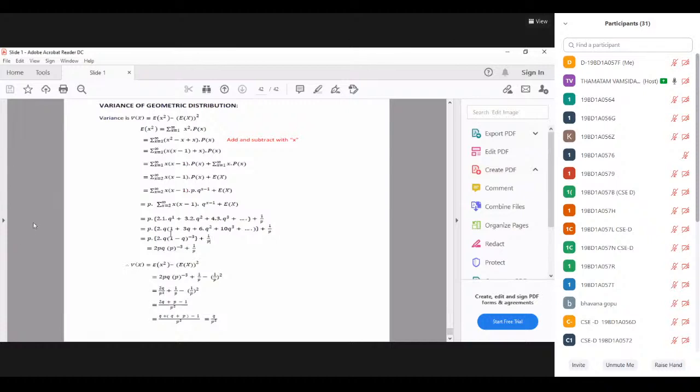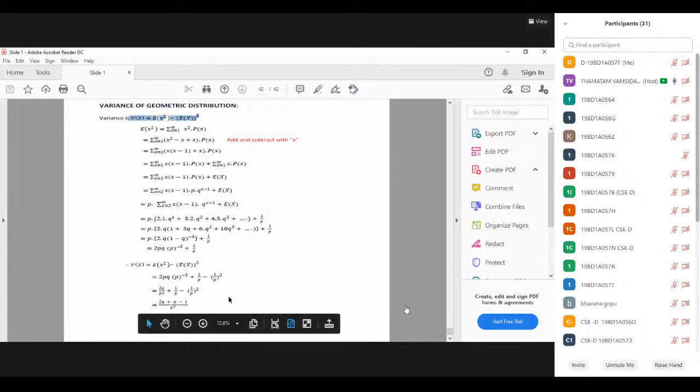After getting expectation of x square, substitute expectation of x square and expectation of x in the variance formula. The variance formula is V of x equals expectation of x square minus expectation of x whole square.